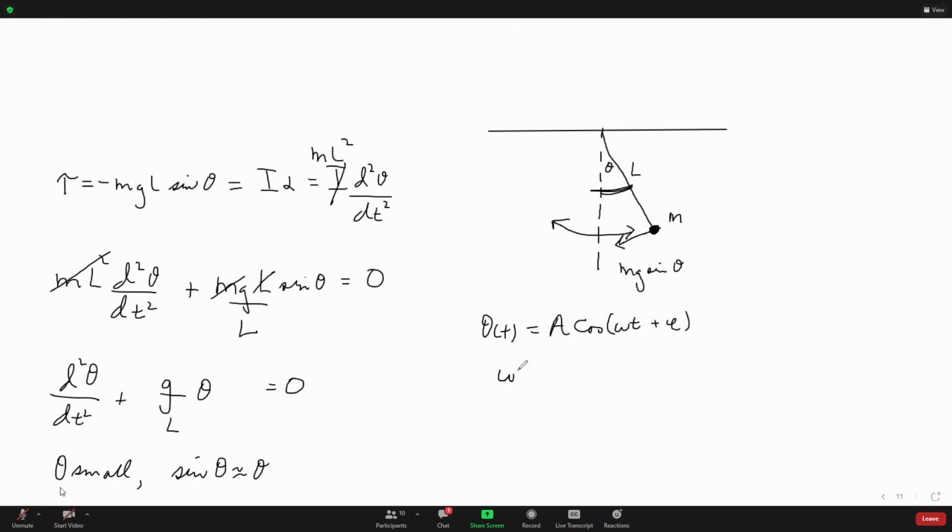And omega is the square root of g over L.